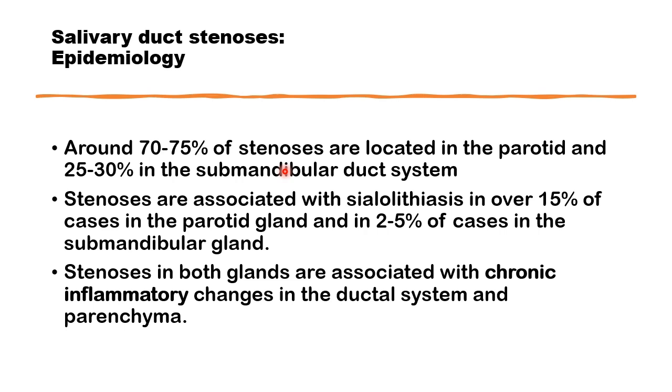The stenosis can be associated with stones at the same time in about 15% of the cases in the parotid, and a small percentage in the cases of the submandibular, somewhere between 2 and 5%. These stenoses in both glands, the parotid and the submandibular, would invariably be associated with chronic inflammatory changes, not only in the duct system, but also in the salivary gland parenchyma.